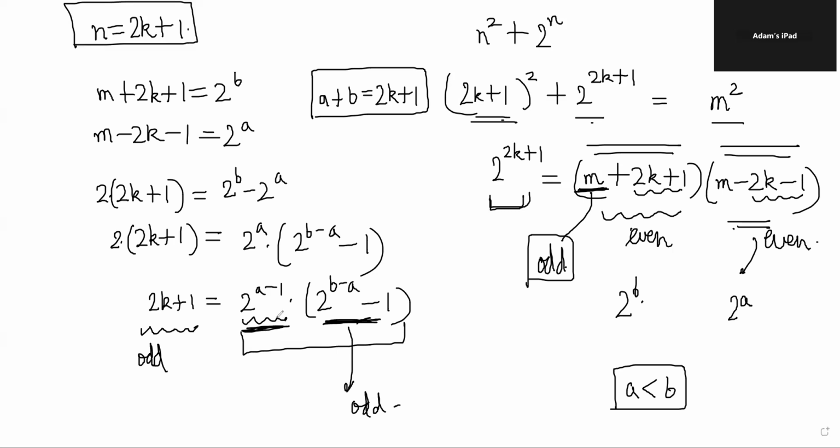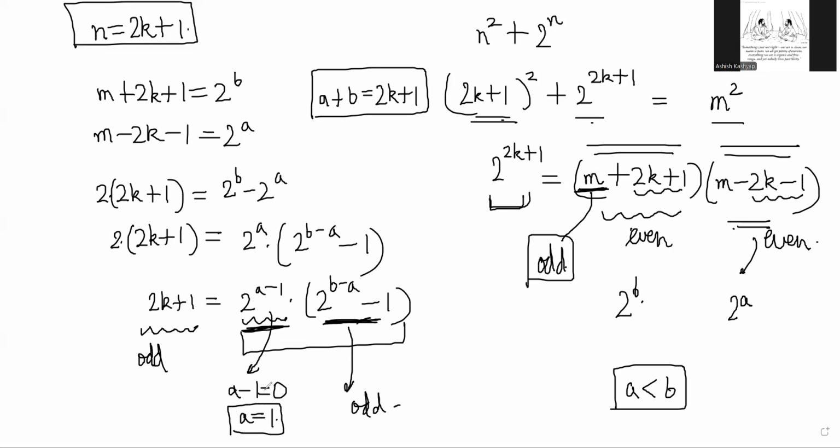So the only way to have that is A minus 1 is 0. A must be 1 basically, right? If you put A is 1 in the equations, I think we can figure out B then.